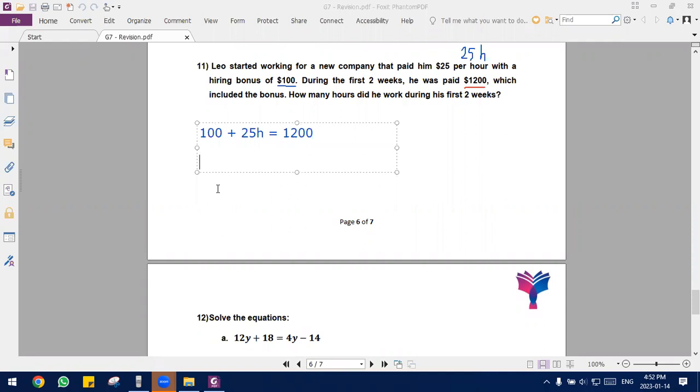We take 100 to the other side, so 25h is equal to 1,200 minus 100. So 25h is equal to 1,100. Now we divide by 25, so h is equal to 44 hours. And this is the answer. So how many hours did he work for the 2 weeks? He worked for 44 hours.